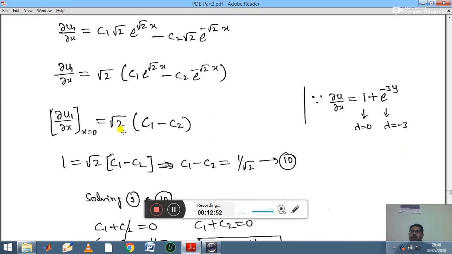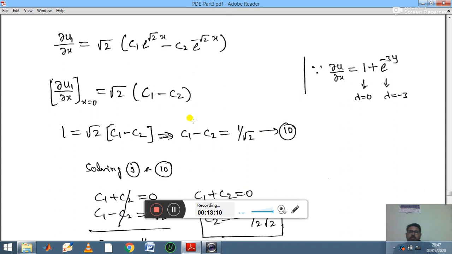Then let us use the condition when x = 0 again. When you substitute x = 0 here, you get e^0 on both terms. Therefore √2 (c1 - c2). Here we are solving for the first case when lambda = 0.